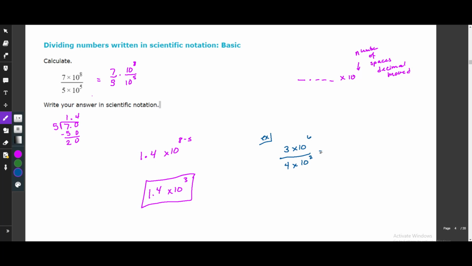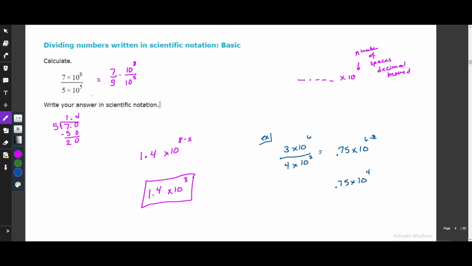All right, so 3 divided by 4 is 0.75, 75 hundredths, if I want to think about this. So this is 0.75 times 10 to the 6 minus 2. That would be 0.75 times 10 to the 4th.